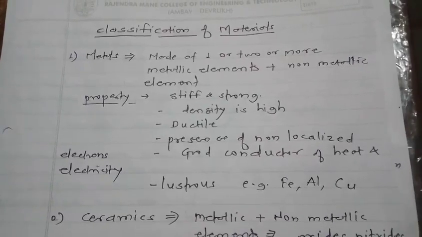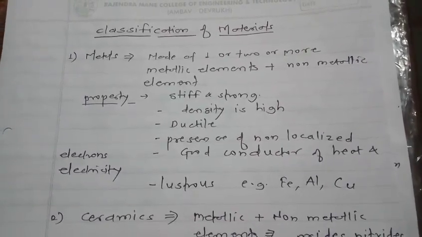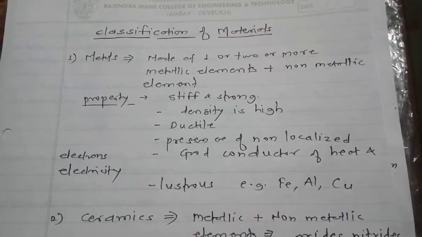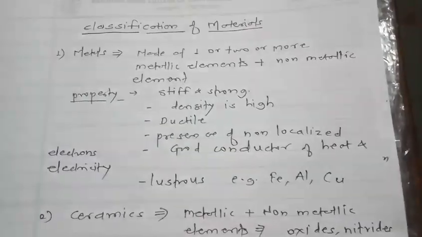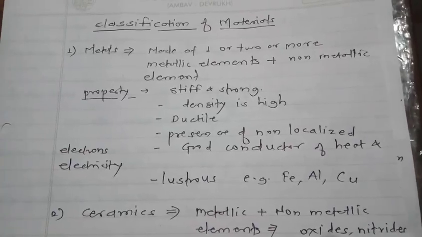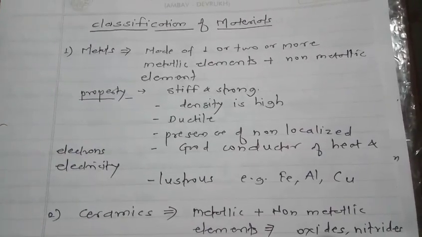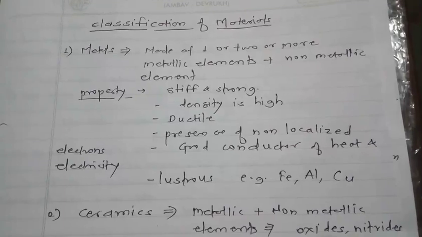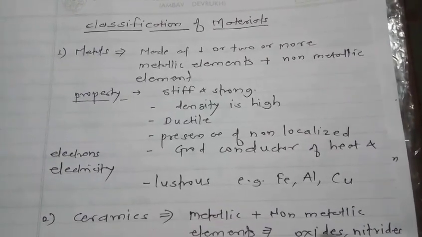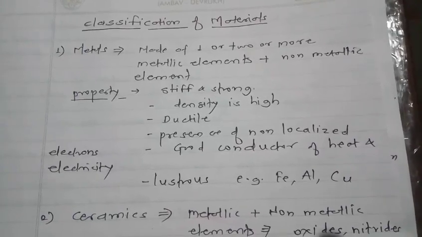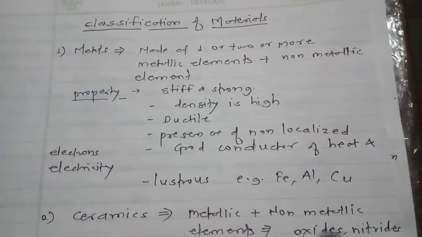First, metal is made up of what? One or two or more metallic elements along with some non-metallic element, right? Means metals can be created by metallic elements plus some non-metallic element.